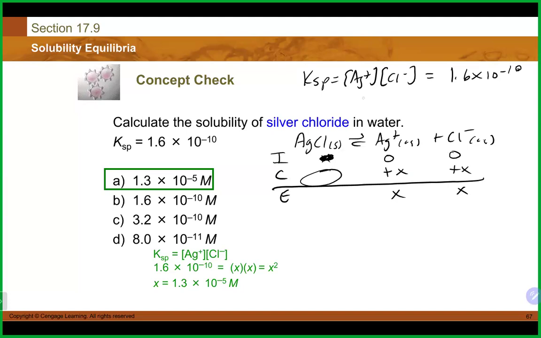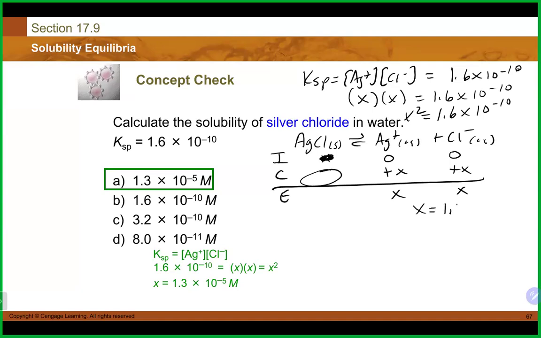This is going to go into our expression, which gives us X times X is equal to 1.6 times 10 to the minus 10. That's X squared equals 1.6 times 10 to the minus 10. That's going to be a square root of that number, which hopefully is the number they have highlighted there, I think. And that's 1.3 times 10 to the minus 5 molar.